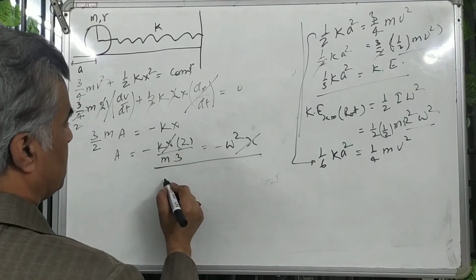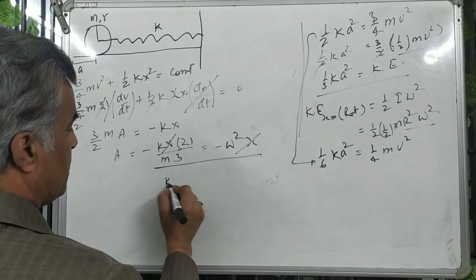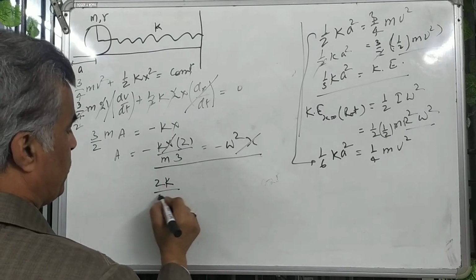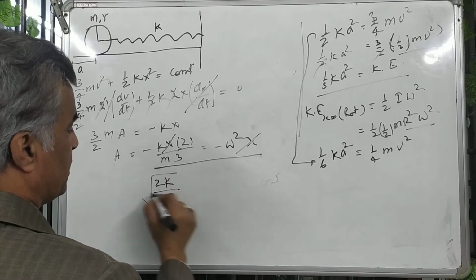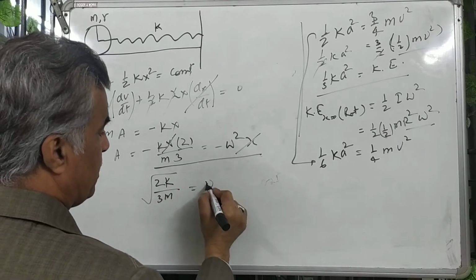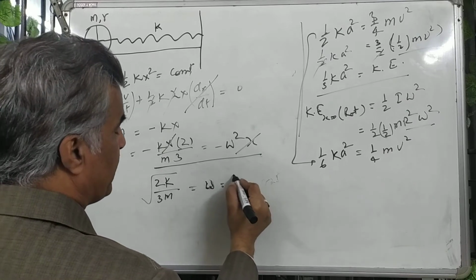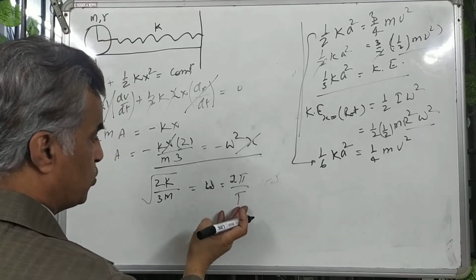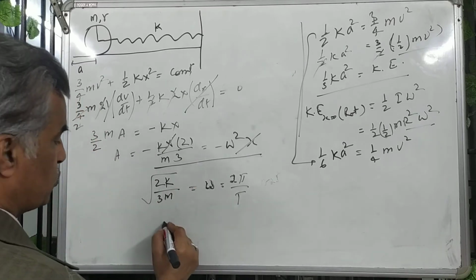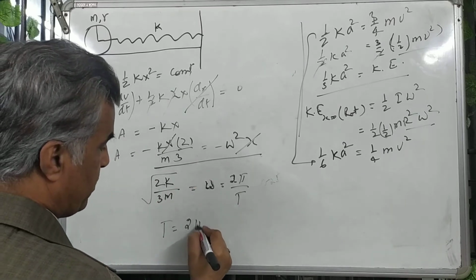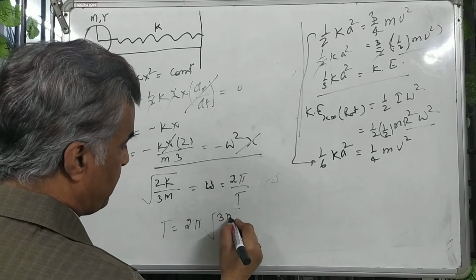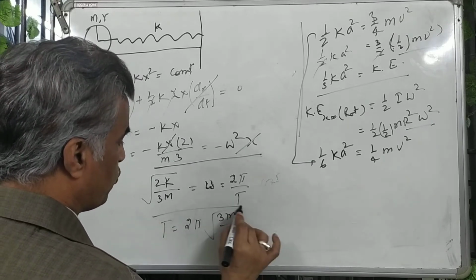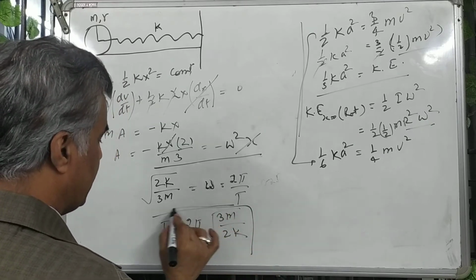So this is 2k upon 3m, or root is omega, and we have to find the time period. Omega is 2 pi by T. So T, you may transfer this side. So T equals 2 pi root 3m by 2k. This was to prove, and you have got the answer.